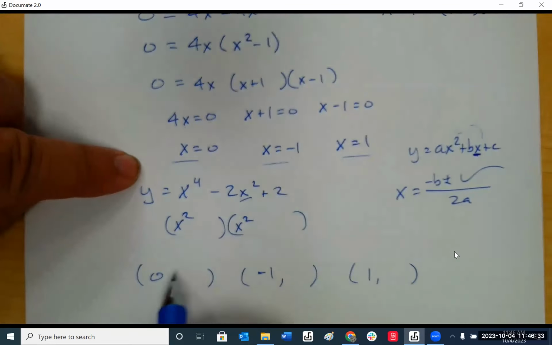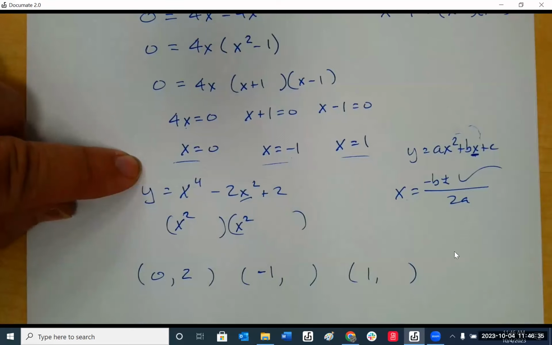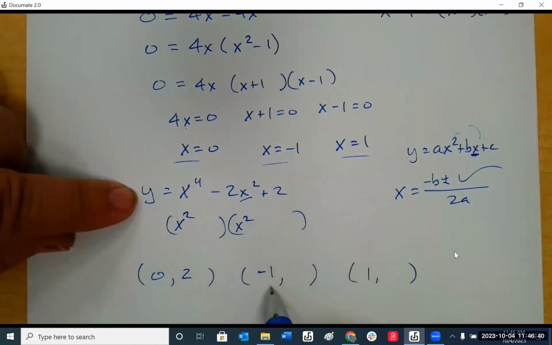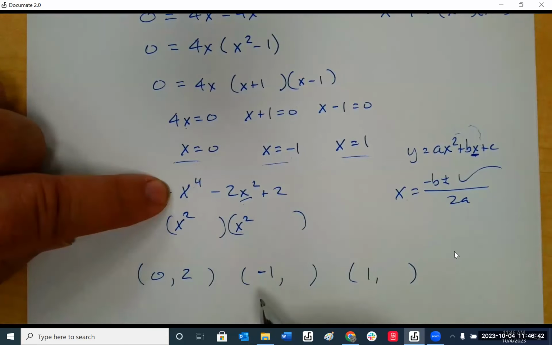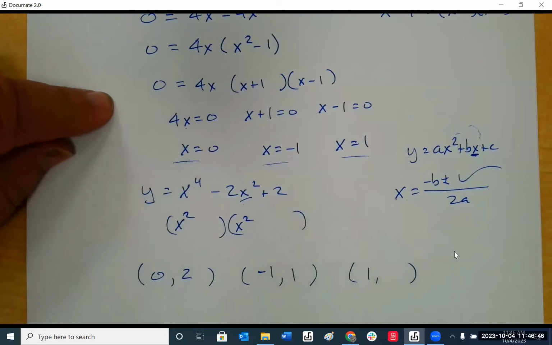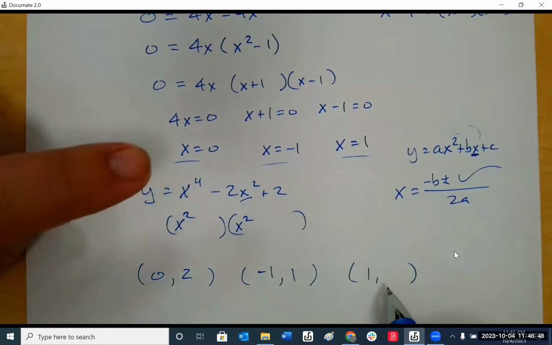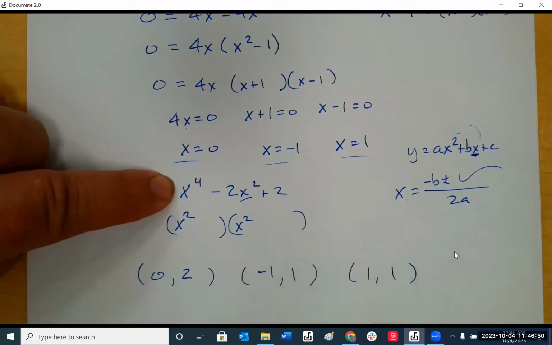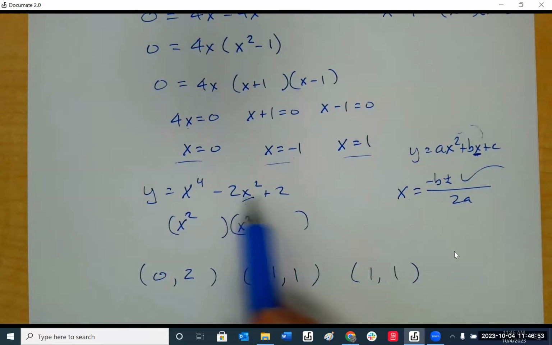So when x is 0, y is 2. There's our first vertex. Our second vertex is 1 minus 2 plus 2, so it's 1. 1 minus 2 is also, because the 2's cancel out.